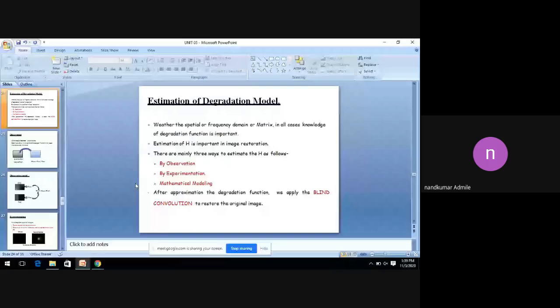So in yesterday's lecture, we studied the estimation of a degradation model.